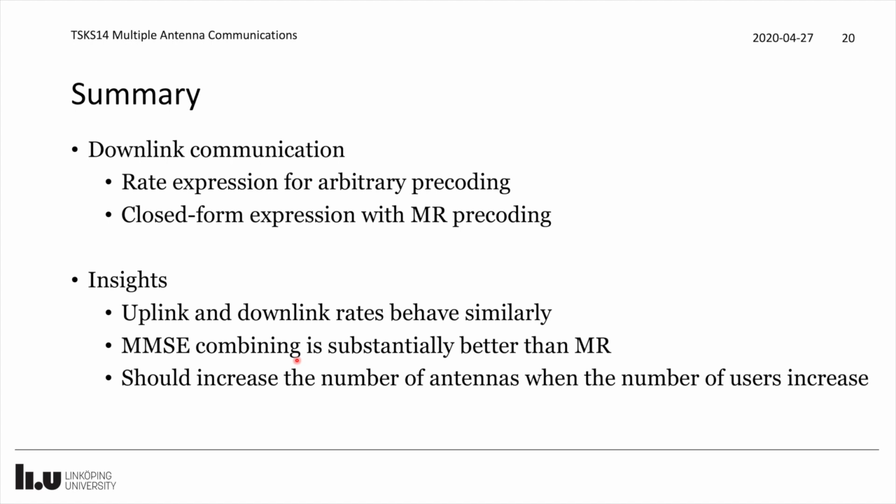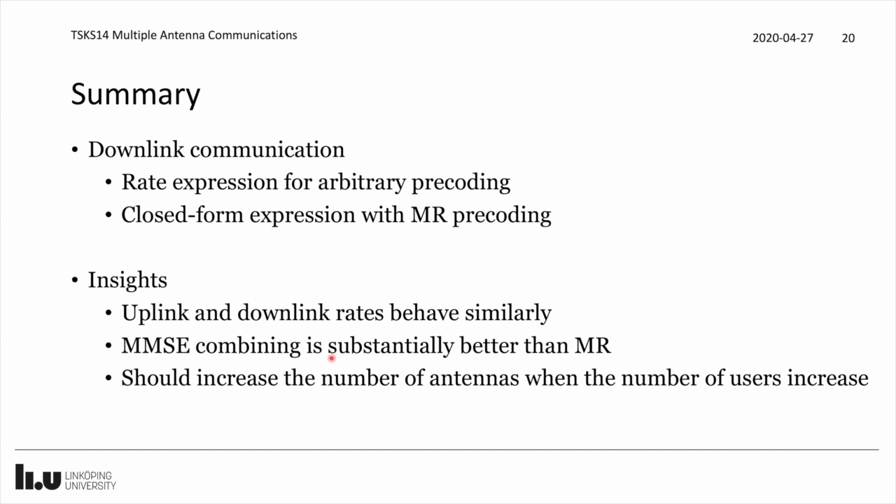And MR has the benefit of making the capacity expression much easier to understand. For example, in all of the simulation examples I was showing, computing the expressions with MR takes no time at all. While with MMSE combining, we need to run a large Monte Carlo simulation where we compute the expectations randomly by considering a large number of random realizations and averaging over them.